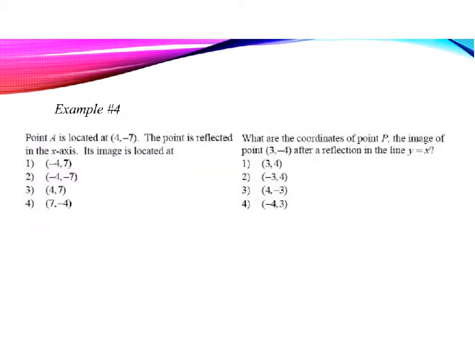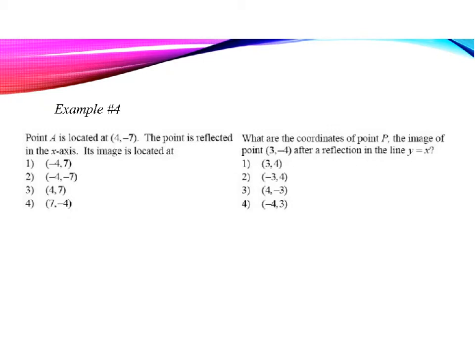Alright, so example 4 again, we are dealing with reflections, and it says point A is located at (4, -7). The point is reflected across the x-axis. Its image is located at, and we're supposed to choose one of these 4 points that we are given. This is a multiple choice problem.